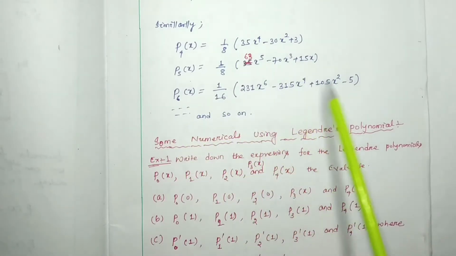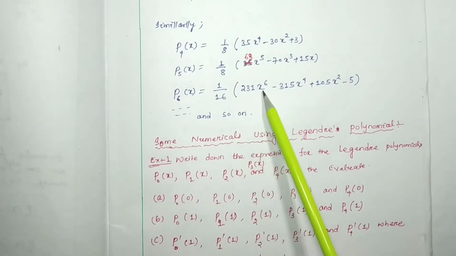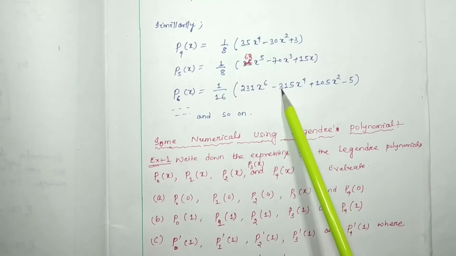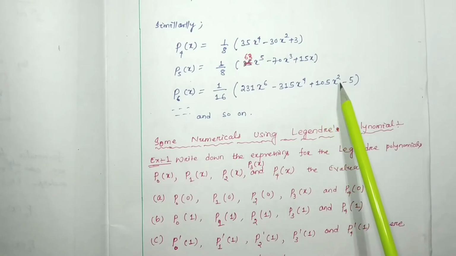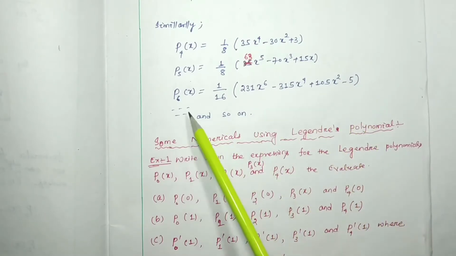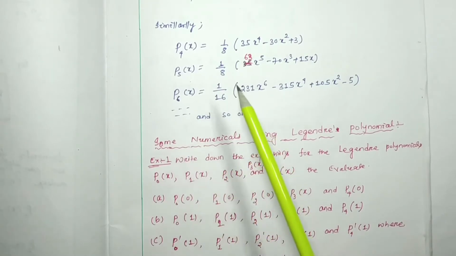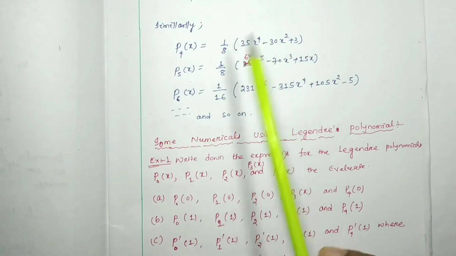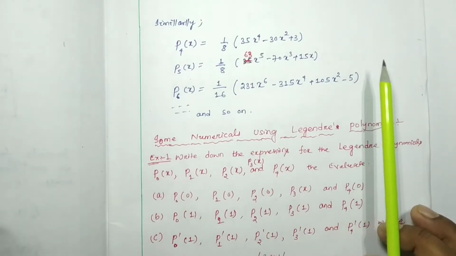P6 also you can find, 1 by 16 (231x to the power 6 minus 315x to the power 4 plus 105x to the power 2 minus 5), and so on. Here I suggest one thing, that at least up to P4 you have to remember for your numericals, whatever you are going to do.